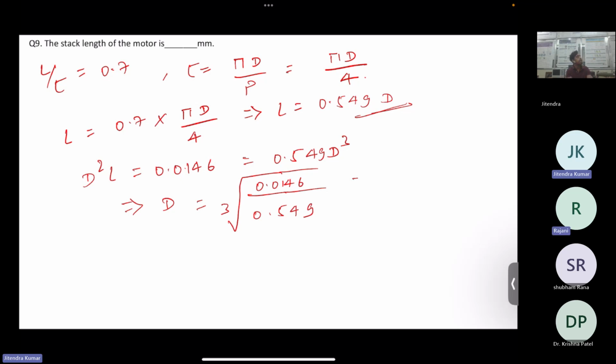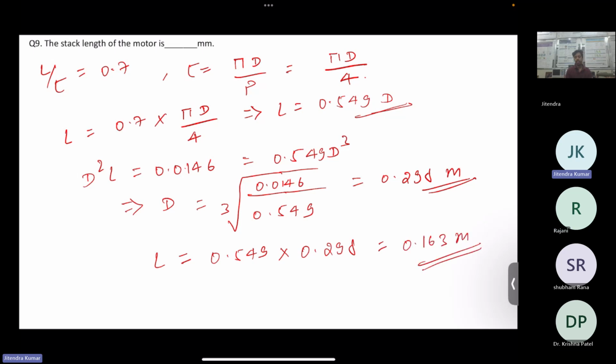How much will it be? 0.298 meter. Now we can calculate the value of L, that is 0.549 into 0.298, which comes out to be 0.163. Correct. So that is your axial length and that is your bore diameter. So we have calculated stack length and bore diameter, and that's all that was asked for this question. Okay, so any doubt here?